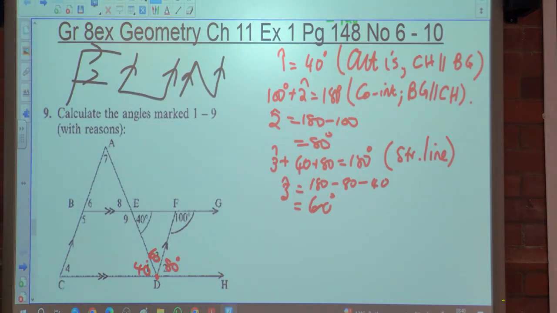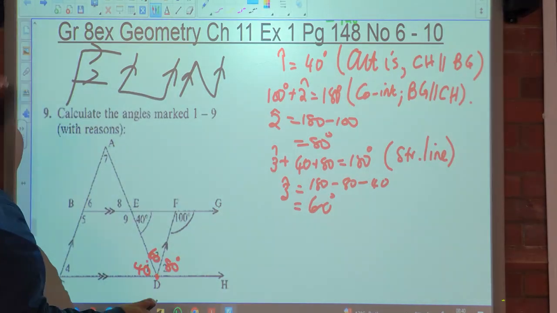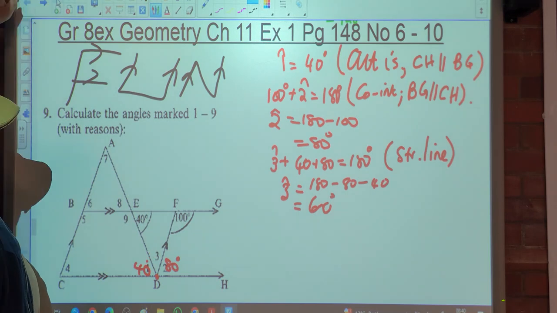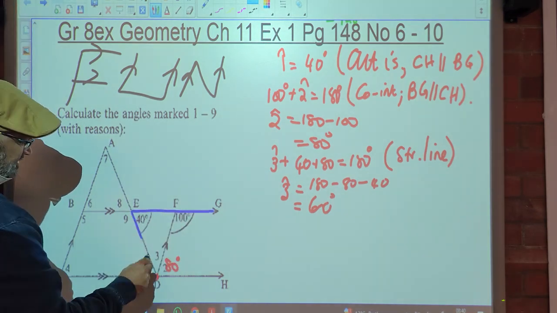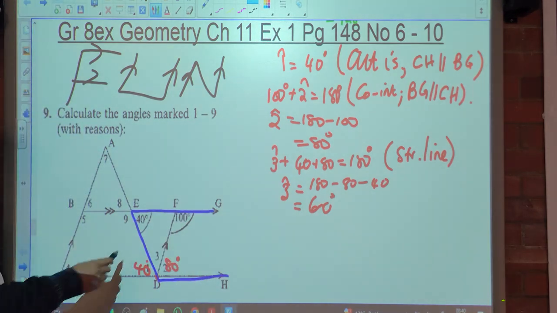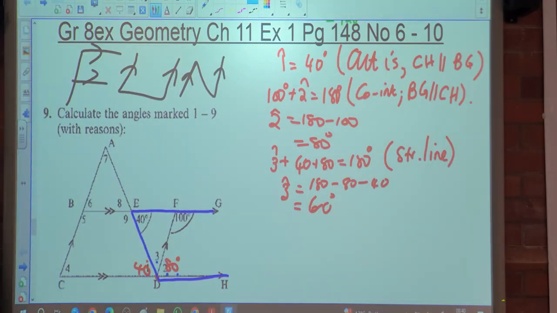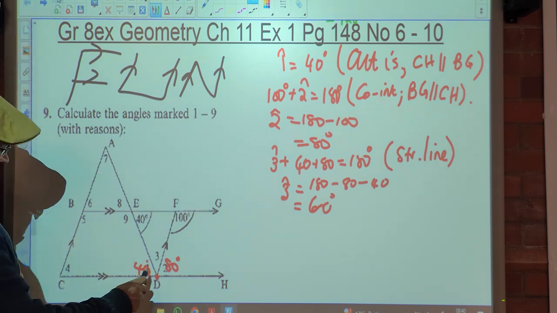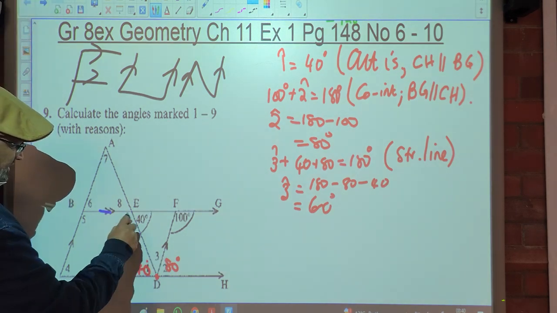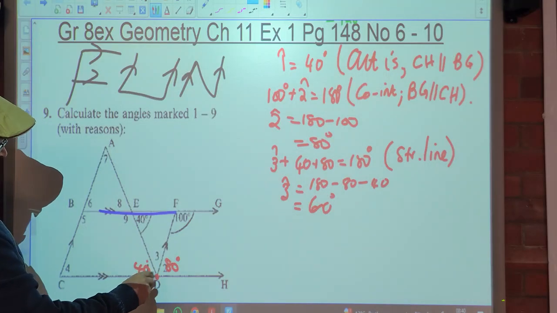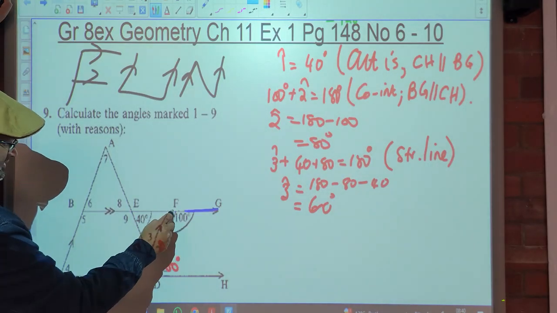How else could you have calculated angle 3? I could have gone with co-interior angles. Can you see here? So 40 plus angle 3 plus 80 is going to give you 180, co-interior. Otherwise I could have used alternate angles, going the other way.